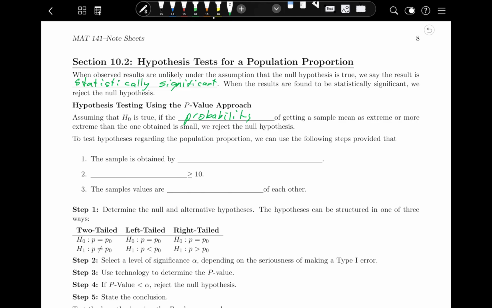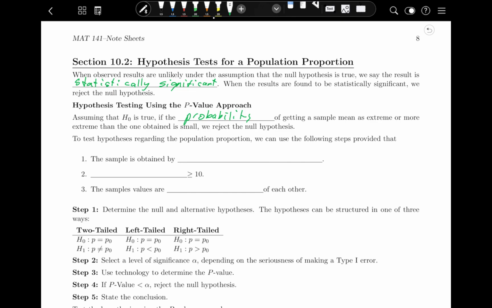So the idea is we're going to use the information we learned in chapter 8 to find probabilities, assuming that the null hypothesis is true. And if our probability is low enough, then we can reject the null hypothesis.